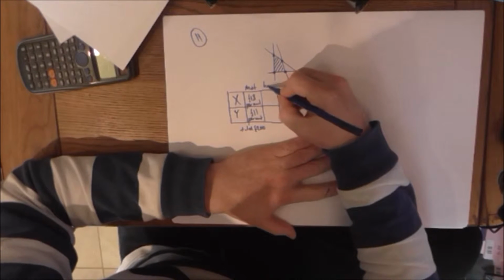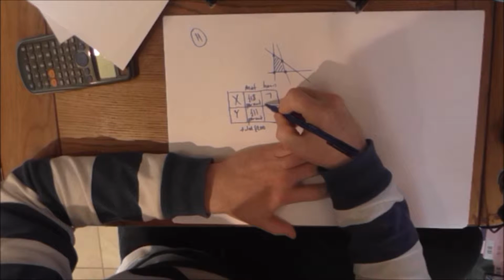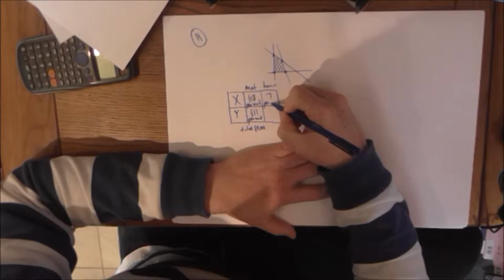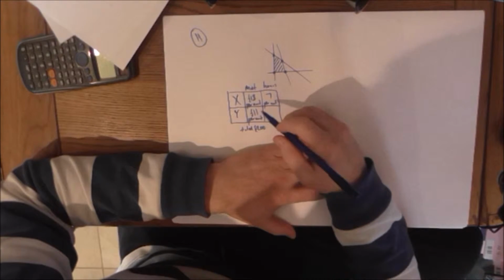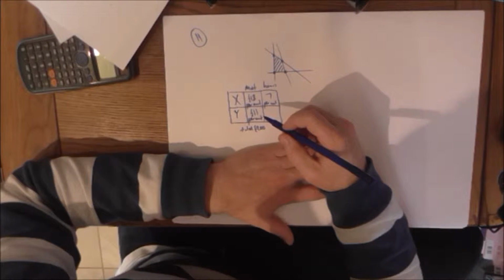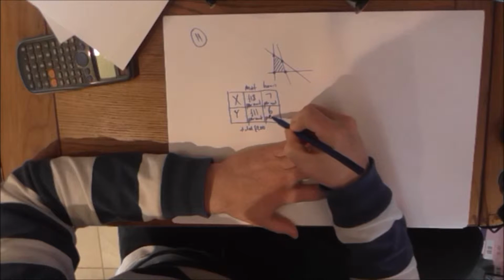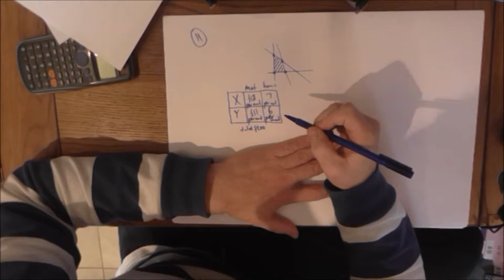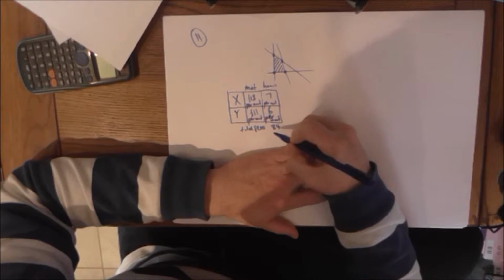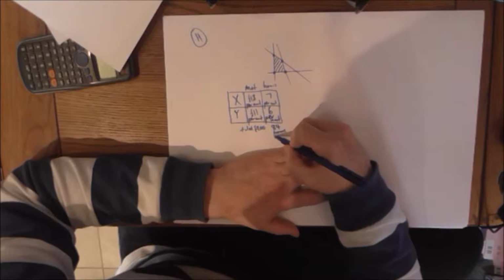Now, the hours is 7 per unit for X and 6 per unit for Y, and there's 84 hours available in a week.